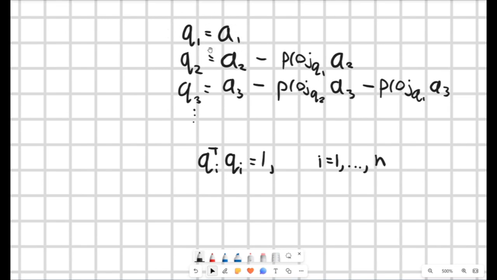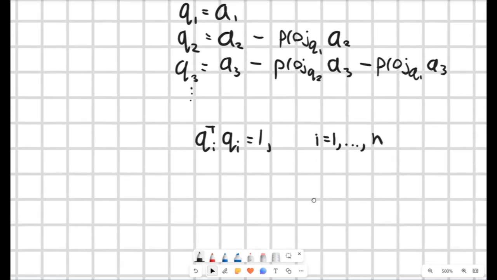The two vectors point in the same direction, but potentially with different magnitude. So I'm going to write that down here. I'm going to say that A1 is equal to some constant. I'm going to write that as an R11 for reasons that become clear later. But the point is, it's equal to some constant multiplied by Q1.